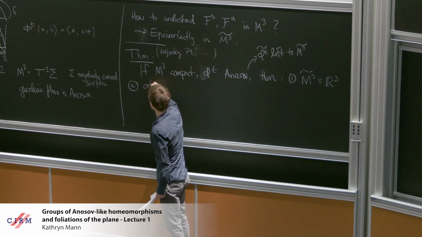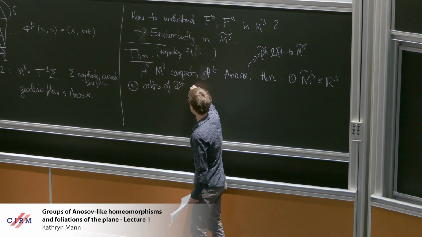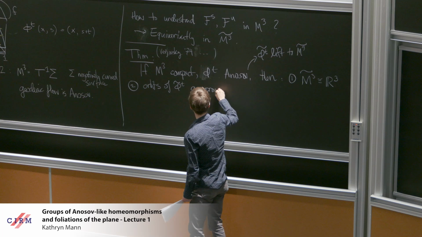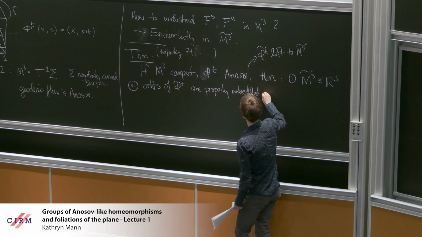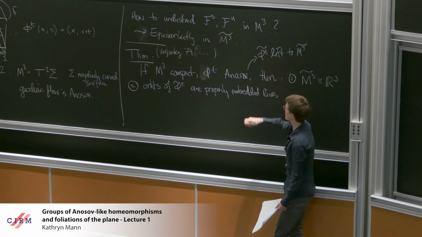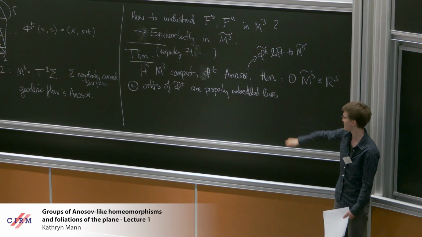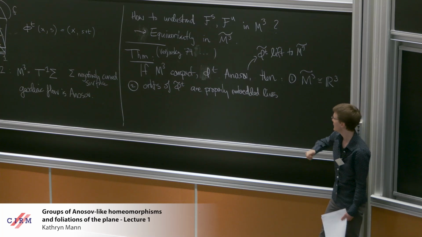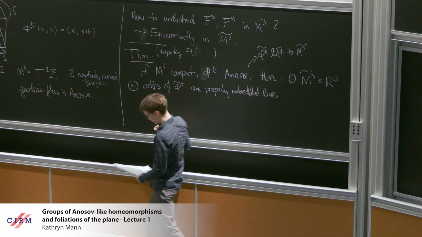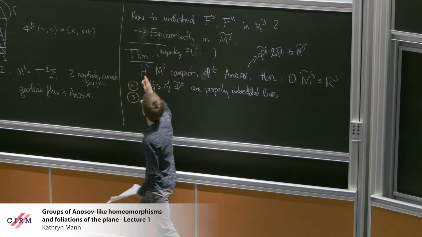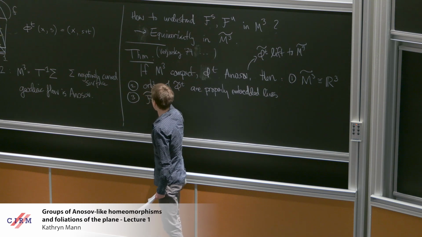The orbits of the lifted flow are properly embedded lines. So phi downstairs will have many periodic orbits, but they all represent essential curves in your 3-manifold. So when I lift to the universal cover, I'll get lines. I can lift my invariant foliations to foliations upstairs.